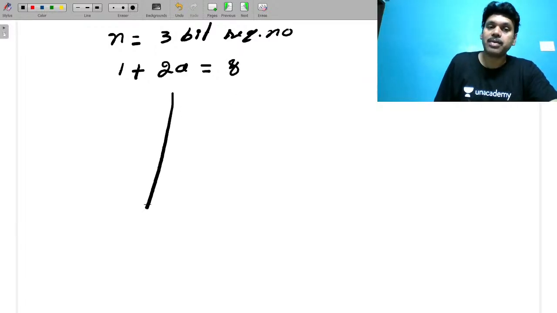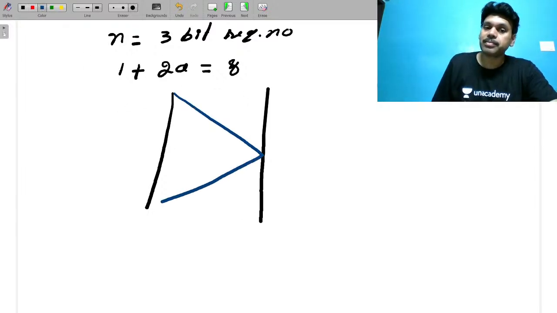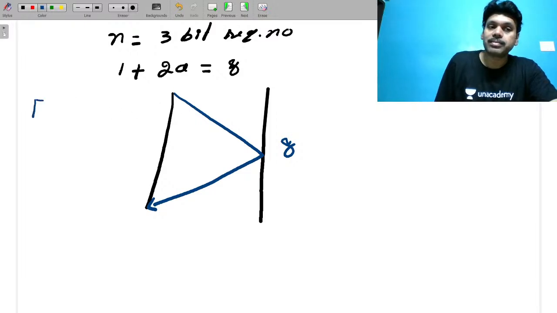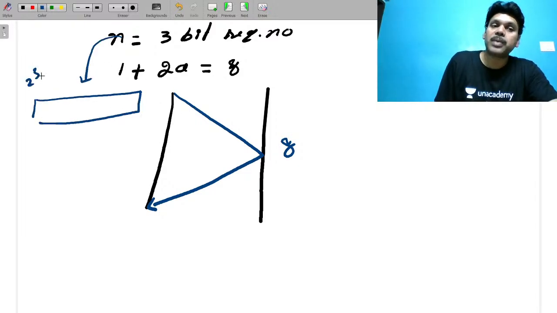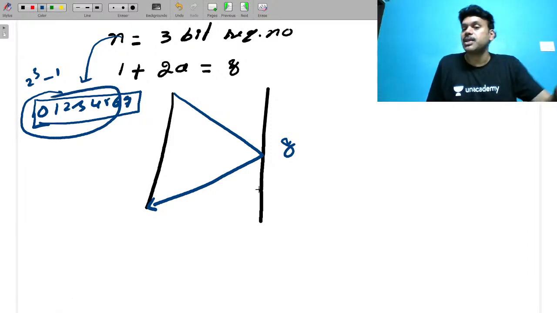So observe now, can I send all frames or not? Your first frame got acknowledged exactly at 8. Now how many can I send? You can send 2 power 3 minus 1, which is 7: 0, 1, 2, 3, 4, 5, 6, 7. So I can send 0 to 6, because 7 frames at a time.